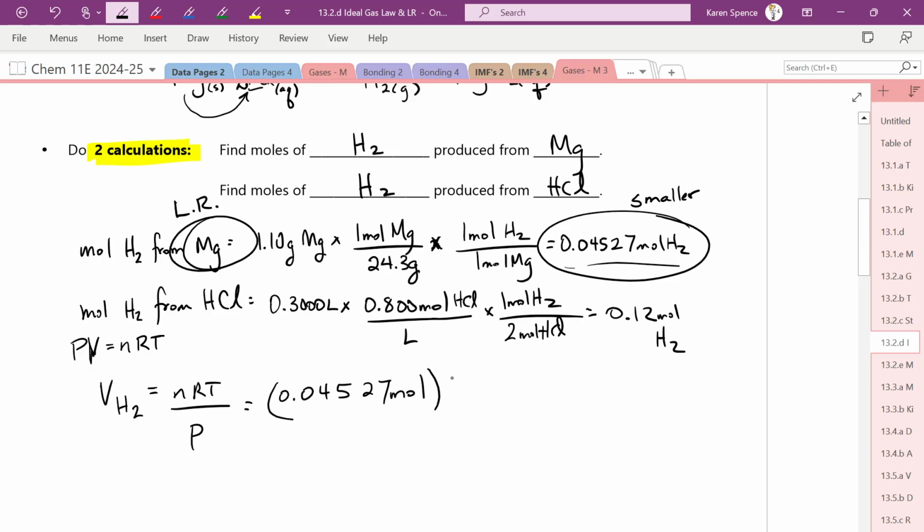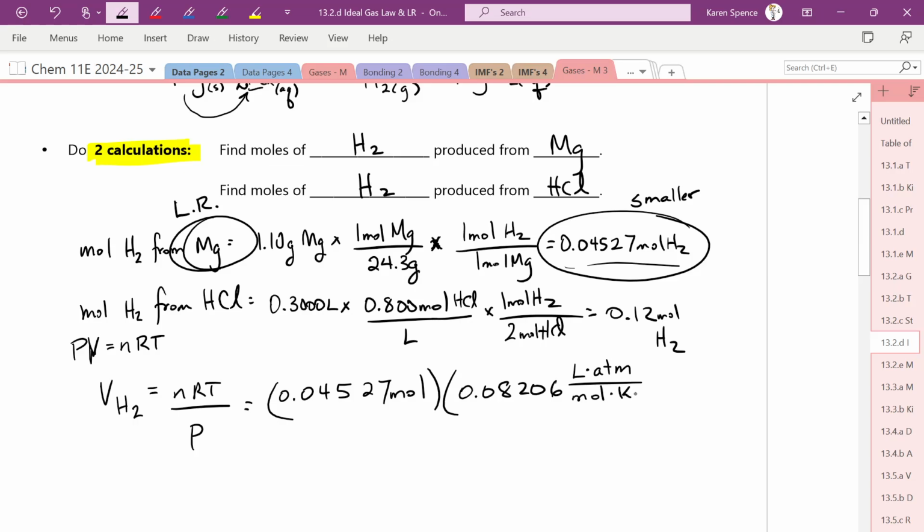I'm going to do this one just to remind you to always put in your units, 0.08206. What is the unit for the gas constant? Liter atmosphere per mole Kelvin.